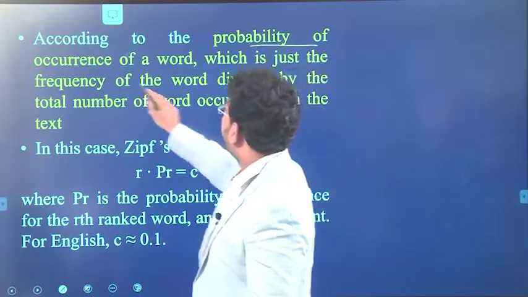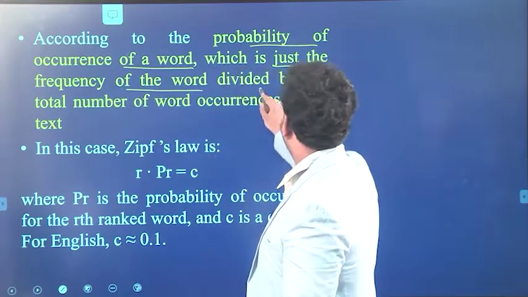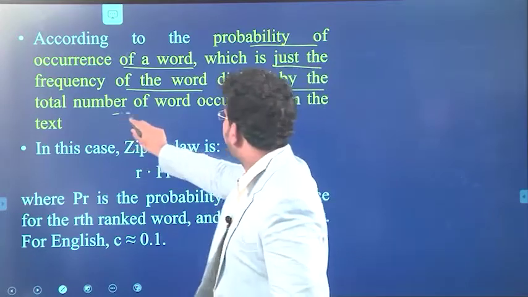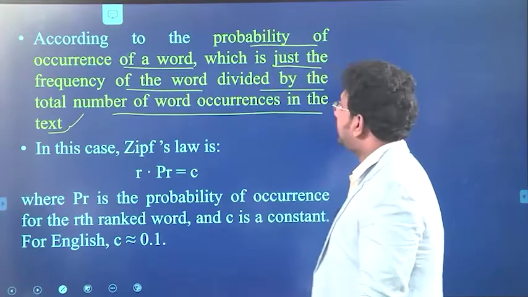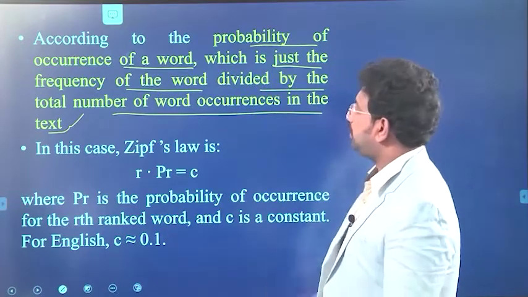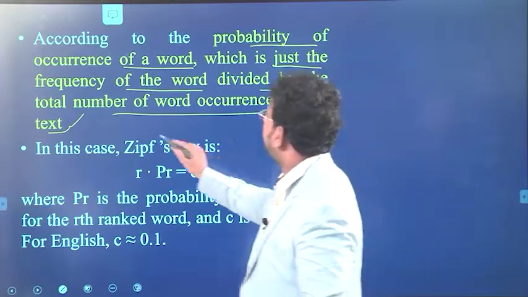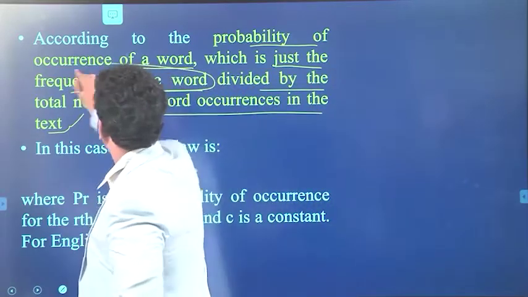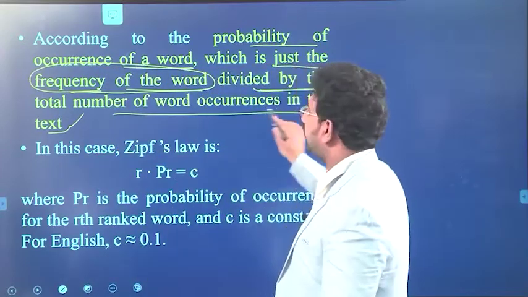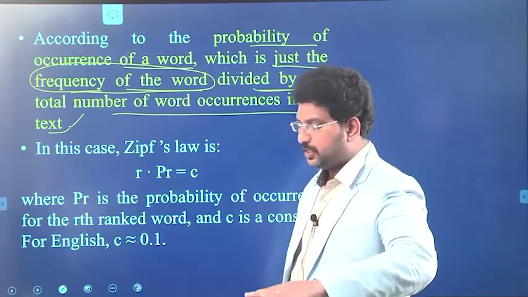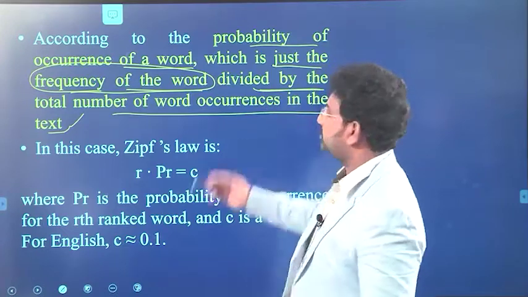The probability of occurrence of a word is just the frequency of the word divided by the total number of word occurrences in the text. So then you can decide the probability of occurrence of the word.